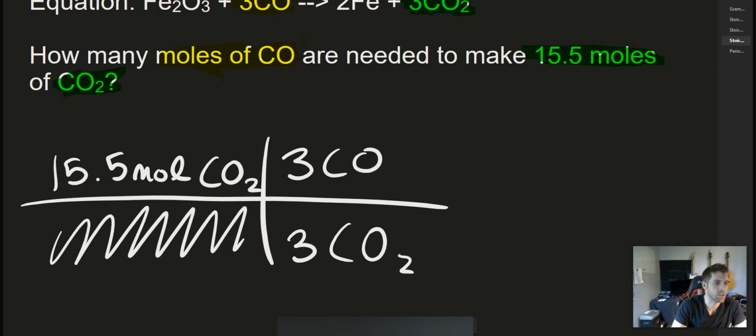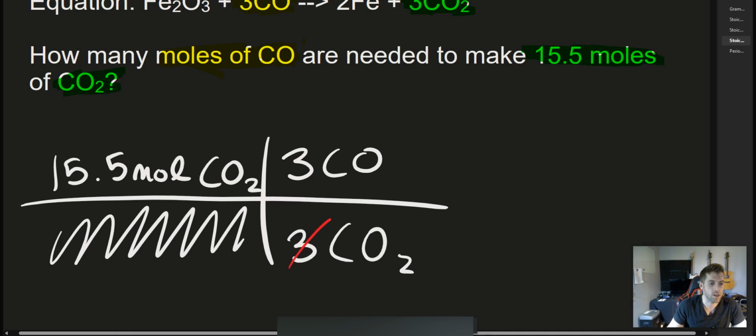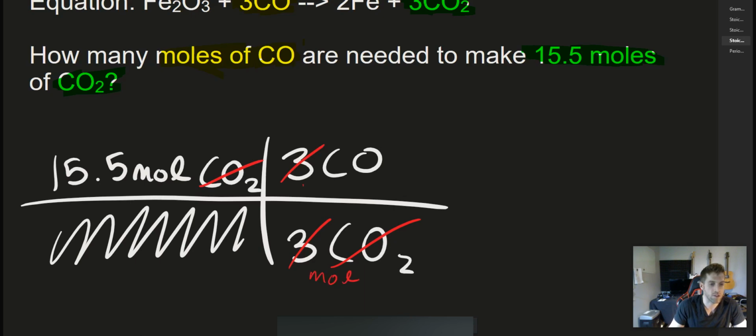Without even typing this in a calculator, the 3 cancels out the 3. The CO2 cancels out the CO2, and this should also have mole, and this should have mole. I'll do a teacher's correction there. And this mole cancels out this mole.